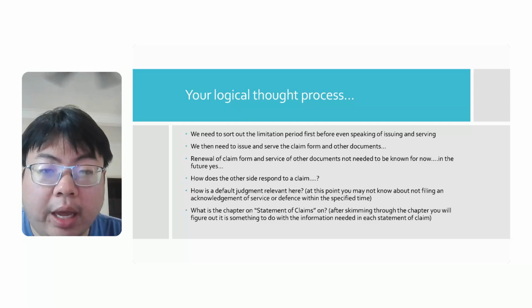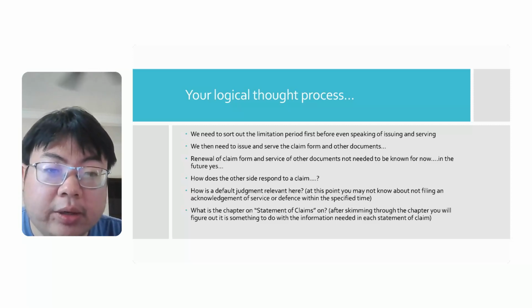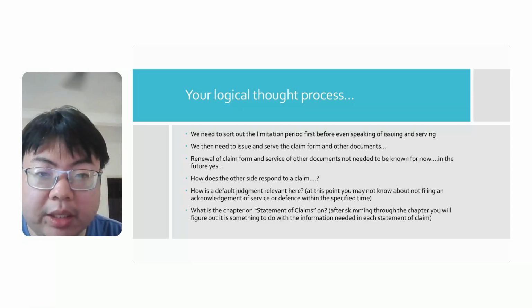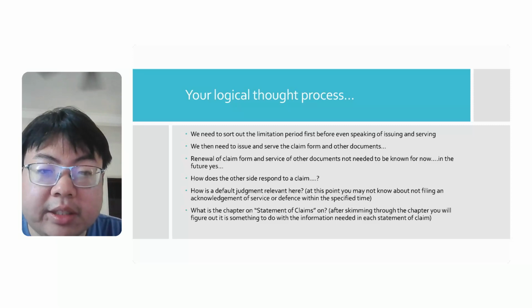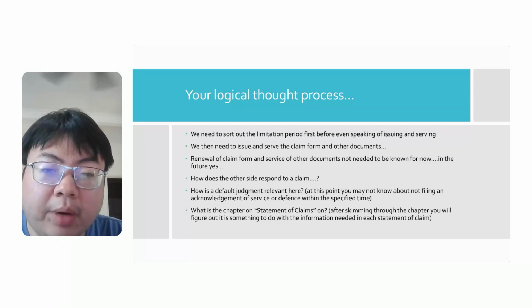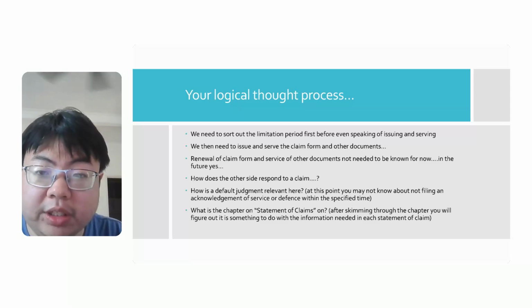We need to think to issue and serve the claim form and other documents. Yes, there are other points like renewal of claim form and serving of documents outside the jurisdiction. It's not needed for now, although it's in the future, yes.